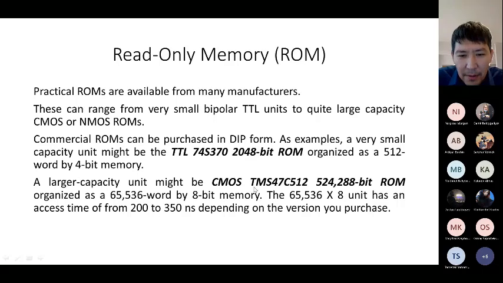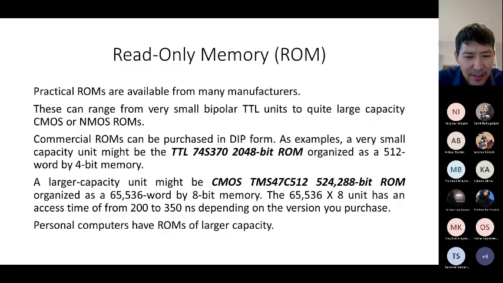What else? For example, a CMOS-based one: a 524,288-bit ROM organized as 65,536 words by 8-bit memory. But of course, in a computer, ROM actually has a larger capacity.